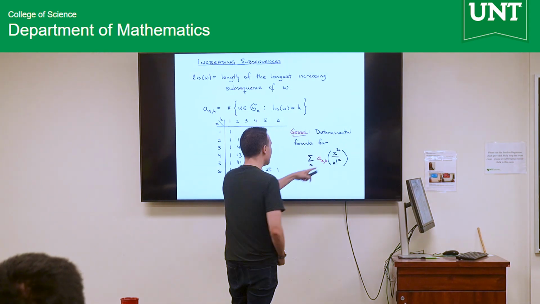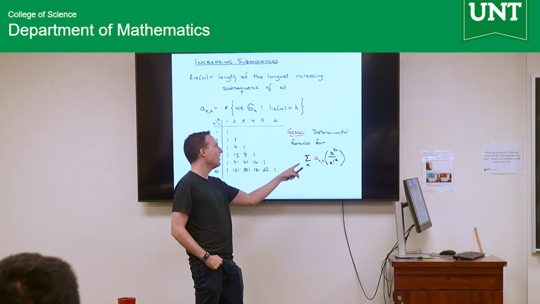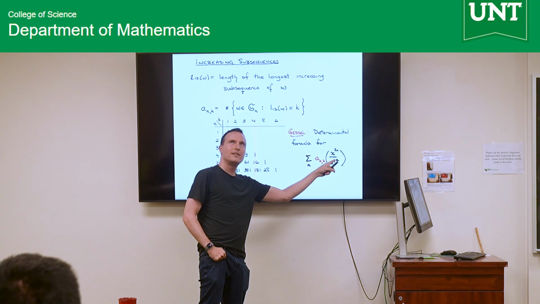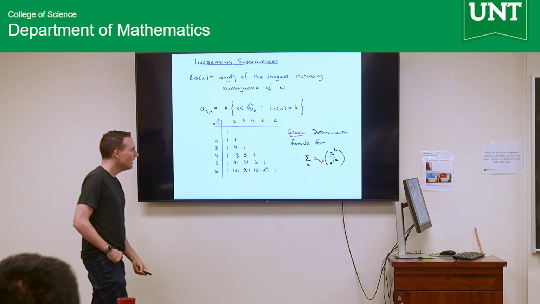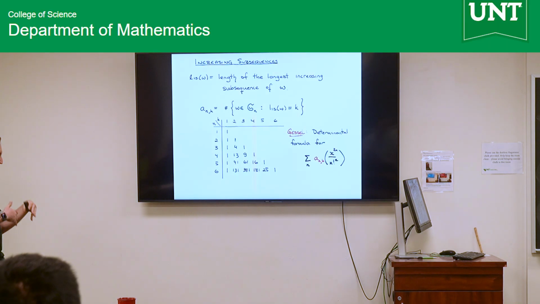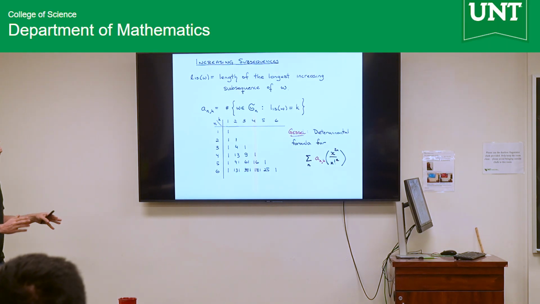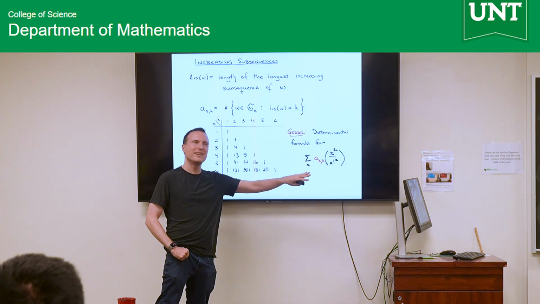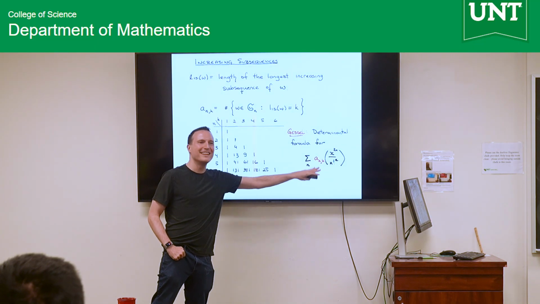You have this formal variable x. You sum over all n of this expression that's basically determined by a and k. We have this division by n factorial squared. And Gessel gave a determinantal formula for this formal power series involving Bessel functions. It's rather complicated, and in a colloquium talk, I think it would be bad manners to write it here.